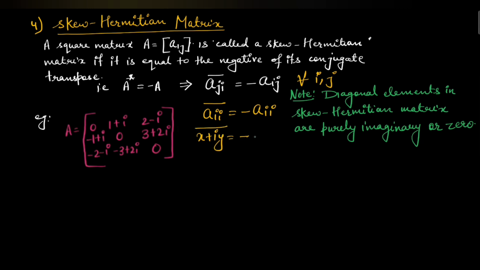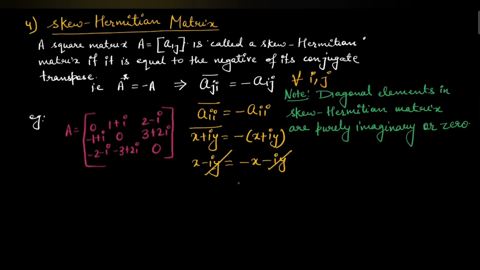The conjugate, x minus iota y, will be equal to negative of x plus iota y, which is minus x minus iota y. Now minus iota y is getting cancelled, so we have 2x equal to 0, which implies x is equal to 0. That means in the diagonal elements your real part is going to be 0.